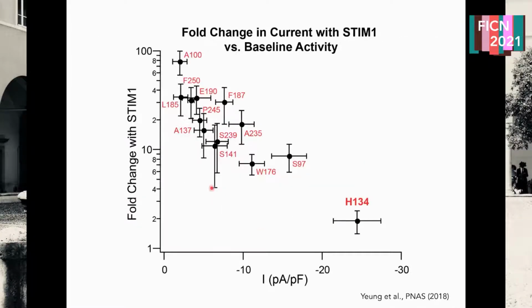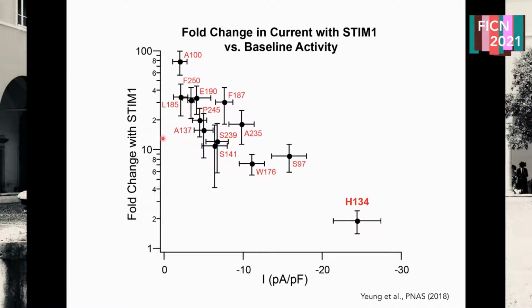When we plotted the amount of current that was already active at baseline on the x-axis versus the amount of current that could be further activated when the channel is bound to its ligand, STIM1, we got this sort of inverse relationship.